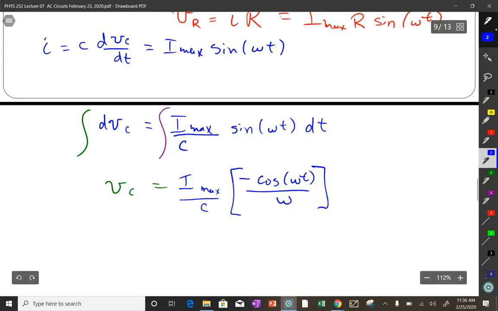So Vc, and of course there could be a plus constant with the Vc, but we're just saying that plus constant is 0 here. So Vc is equal to Imax, cosine of omega t, put a minus out front, over C omega.